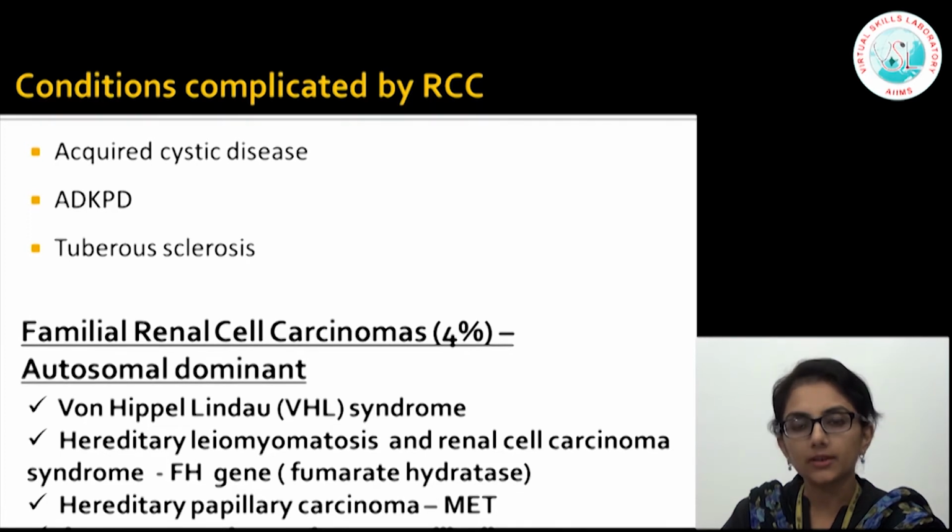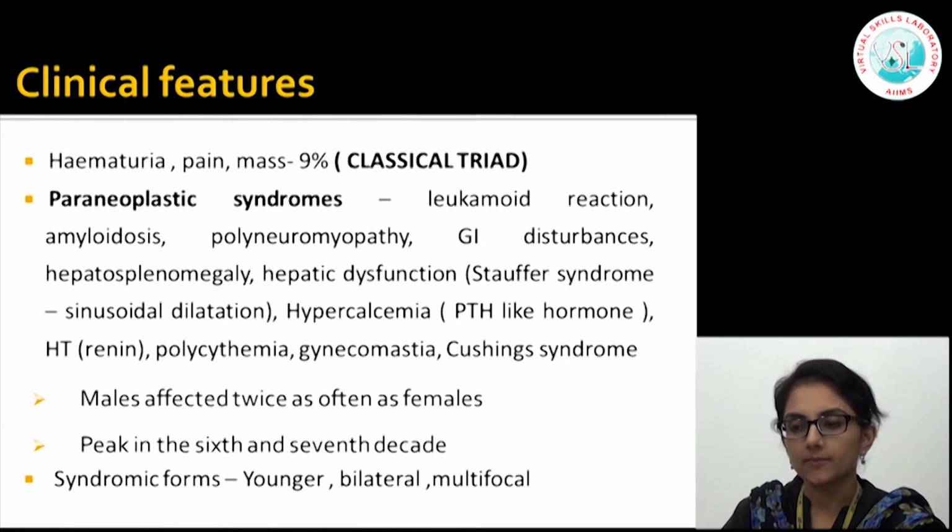So what are the important clinical features of renal cell cancer? There's a classical triad which is described of hematuria, pain as well as an abdominal mass, which is found in only 9% of patients. Hematuria remains the most common presenting feature in RCCs, and RCCs also can present with a lot of paraneoplastic syndromes, which is why it is called one of the greatest mimics in medicine.